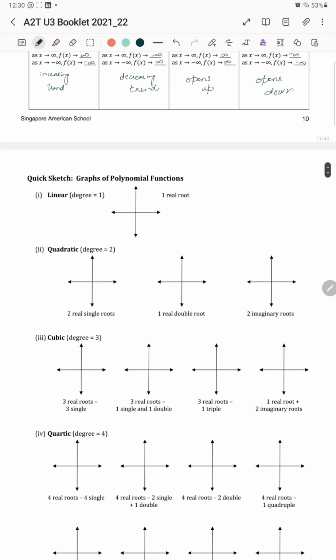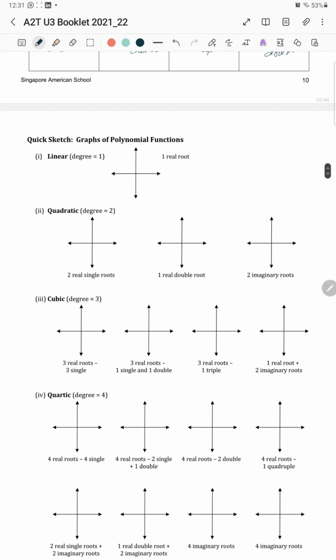Okay, so the graph of the polynomial function. A linear function has one real root. A quadratic function has degree 2. It has 2 single roots. For example, y is equal to 2x plus 2 has one real root. For example, y is equal to (x plus 2)(x minus 2) has 2 single roots.